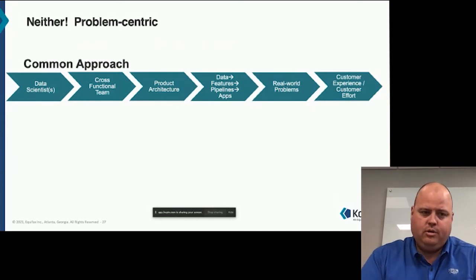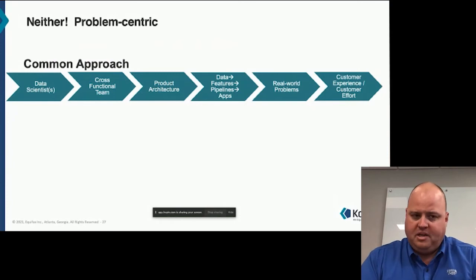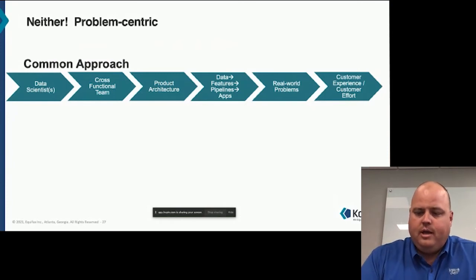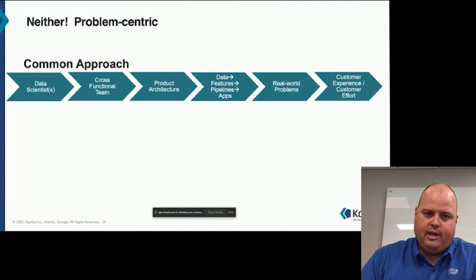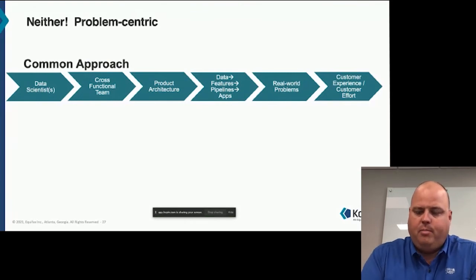So the traditional approach, I think, again, it can be successful, is you have your data scientists driving the beginning of this process and identifying opportunities. You have cross-functional teams because you have to be able to deploy this stuff. You have to have an impact, that action stage. Go into product architecture and think, how do we build a product around the kernel of technology that the data scientists have come up with?